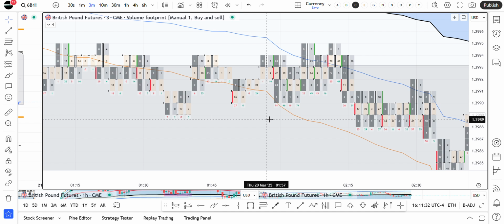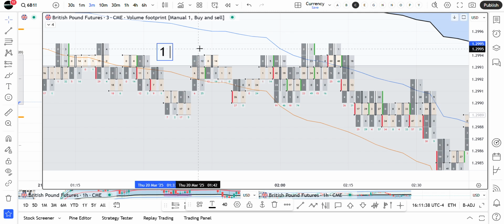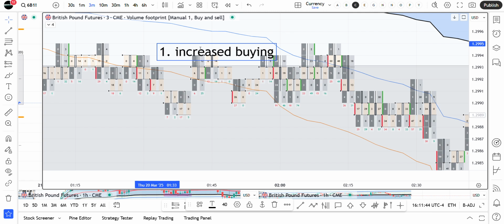So what we're looking at is, number one, how do I do this now? One, we're looking at increased buying, and then two, no reward for buying.